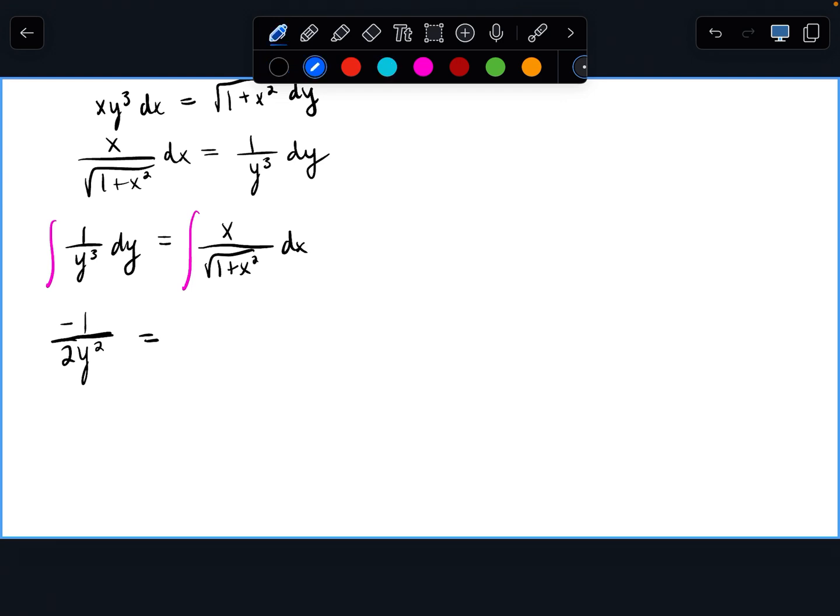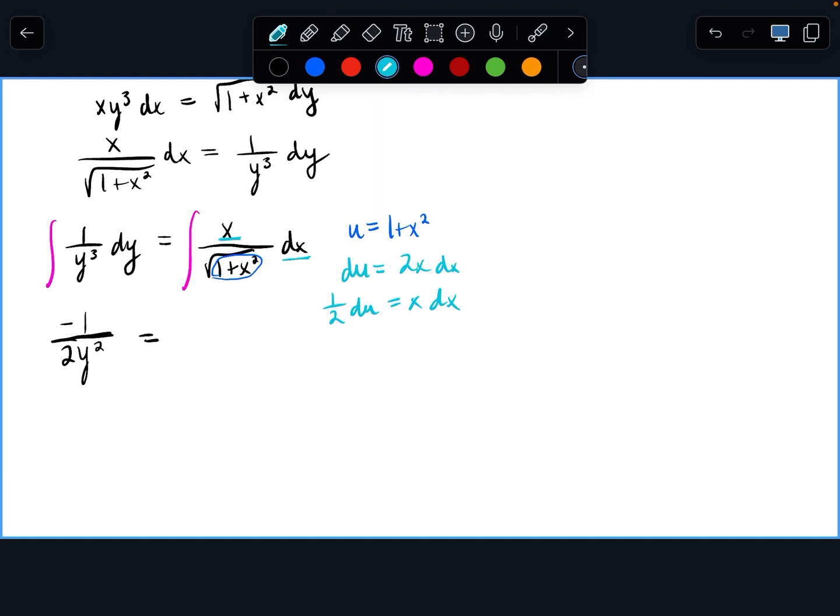So I'm going to let my u equal this, right? Because then my du is 2x dx, which will cover most of it, but the stupid 2. So get that out of there.